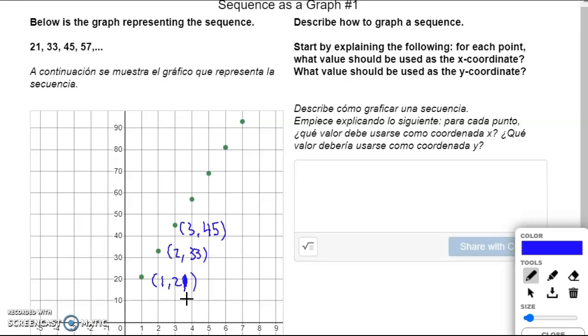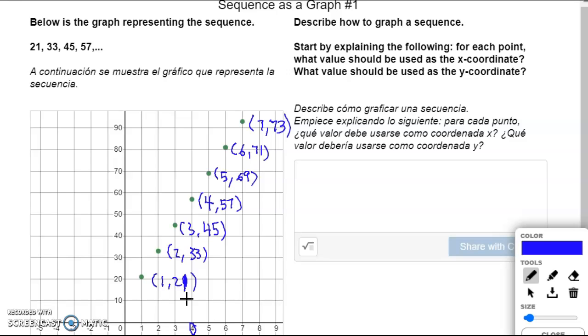Okay, and then for the fourth one, 4 is definitely my x-coordinate, and the y-coordinate is a little over 55. I'm going to say 57. And this one, the x-coordinate is 5, and the y-coordinate is just under 70, so I'm going to put 69. And this one x-coordinate is 6, and y-coordinate is 71, and so on. That's 7 and 73.